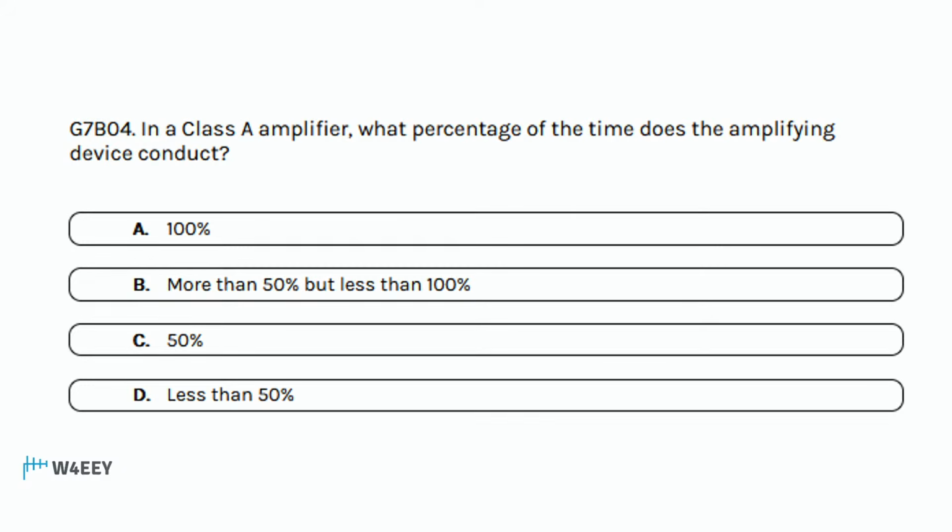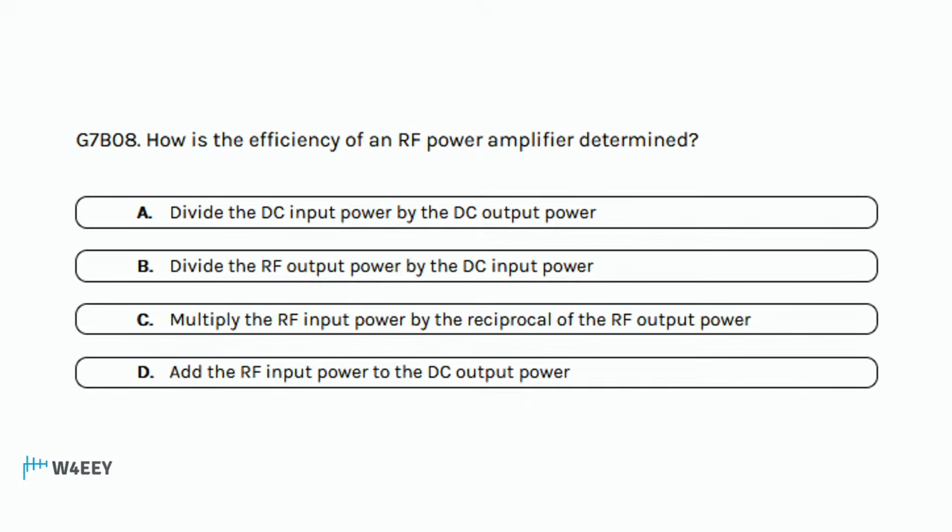And in a class A amplifier, what percentage of the time does the amplifying device conduct? Alpha. 100% for a class A. And how is the efficiency of an RF power amplifier determined? Bravo.